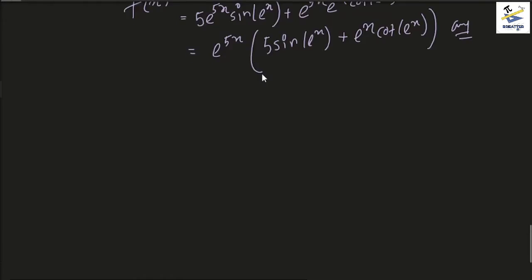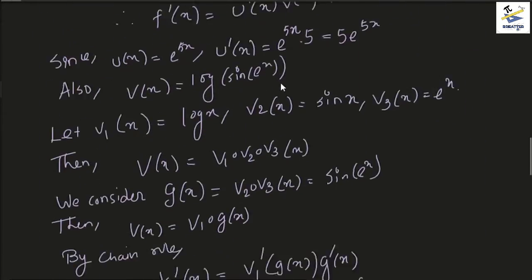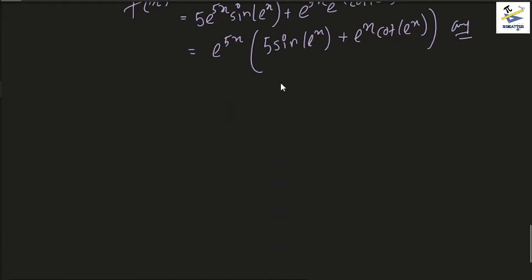Okay, number 4. So number 4 was root x sine of root x. f(x) equals root x into sine of root x.